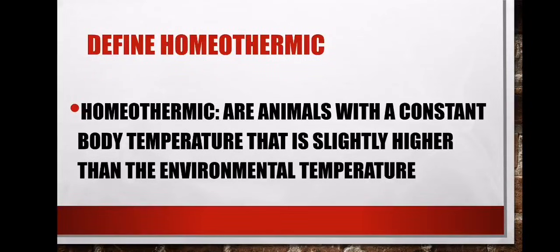Or sometimes they will just say homeothermic are animals that are able to maintain their body temperature. But I decided to come up with this definition because it will assist you, especially in section A.